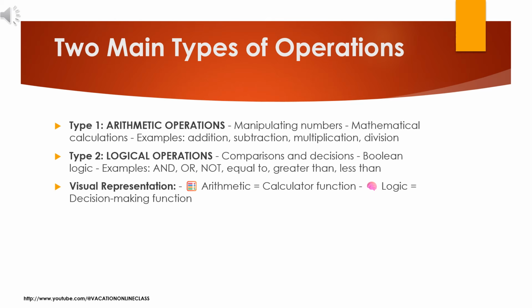By using logical gates like AND, OR, and NOT, the ALU can make the complex decisions required to run software. In short, arithmetic is how the computer calculates, and logic is how the computer decides.